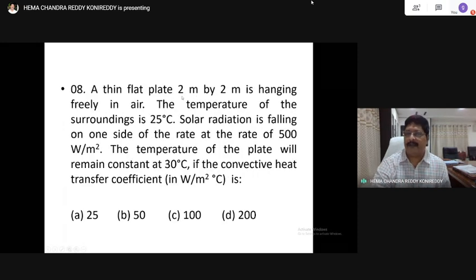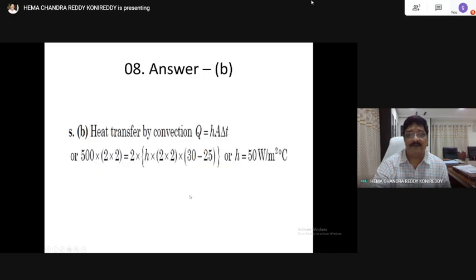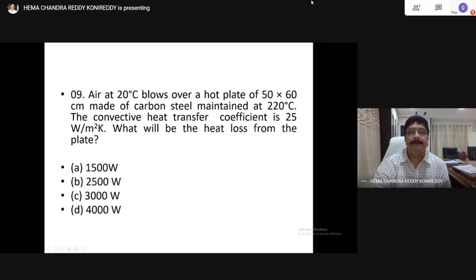A thin flat plate, 2 meters by 2 meters, is hanging freely in air. The temperature of the surroundings is 25 degrees centigrade. I think this problem we have already solved. Air at 20 degrees centigrade blows over a hot plate of 50 by 60 centimeters made of carbon steel maintained at 220 degrees centigrade. The convective heat transfer coefficient is 25 watts per meter square Kelvin.